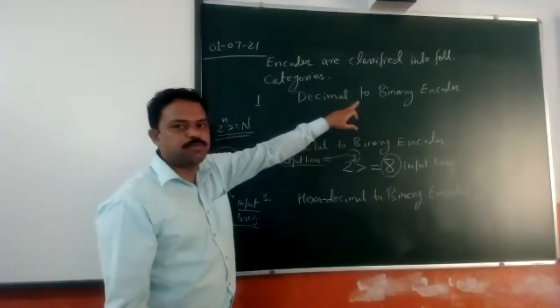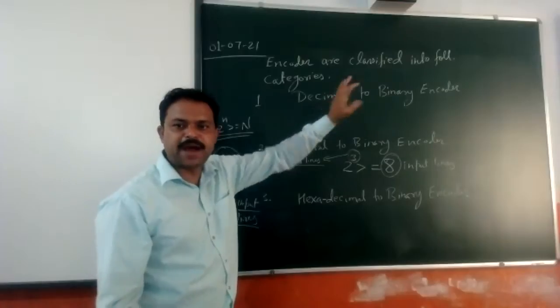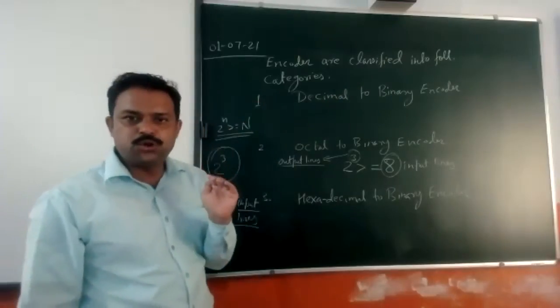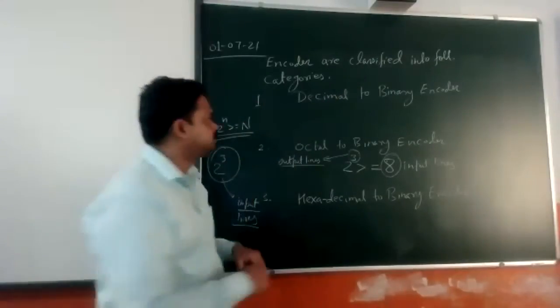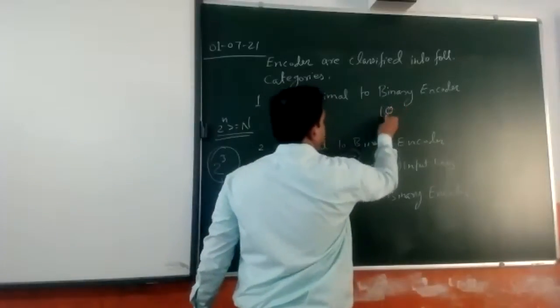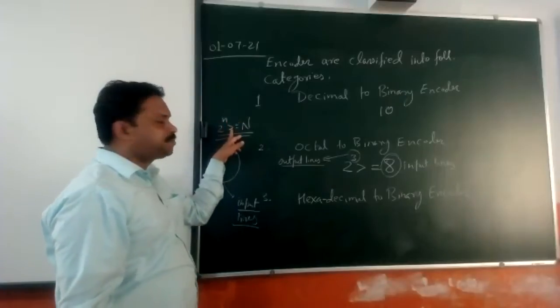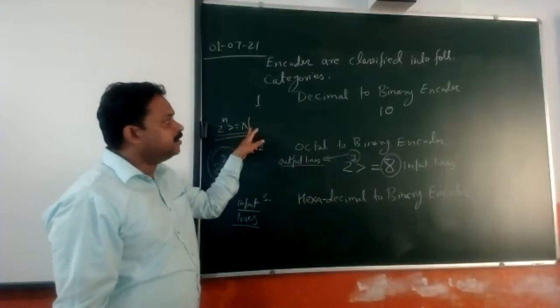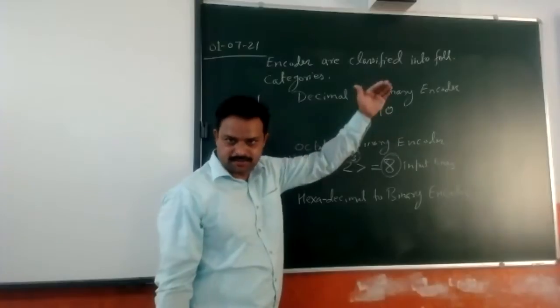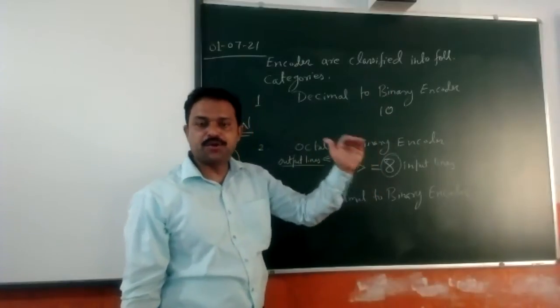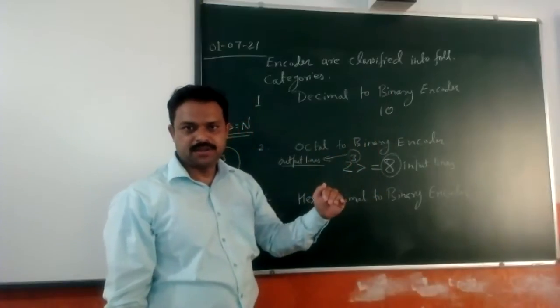Similarly, come to decimal to binary encoder. How many symbols do you have? 10. What is the relation? 2 raised to power n must be greater than or equal to the number of inputs. Here I am having 10 inputs, or you can say 10 digits.